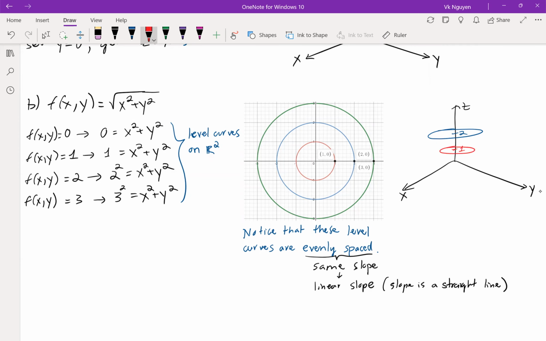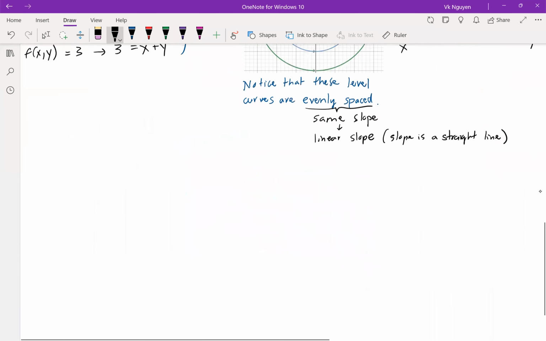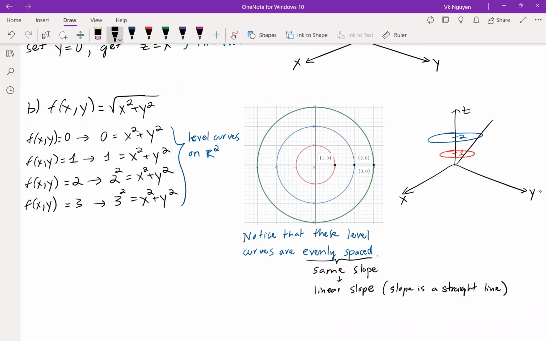Because we know the slope is just a straight line. So let me get that straight line here, and then it will save me a lot of time. Redo this thing. And then for the last one, it's going to be 3.